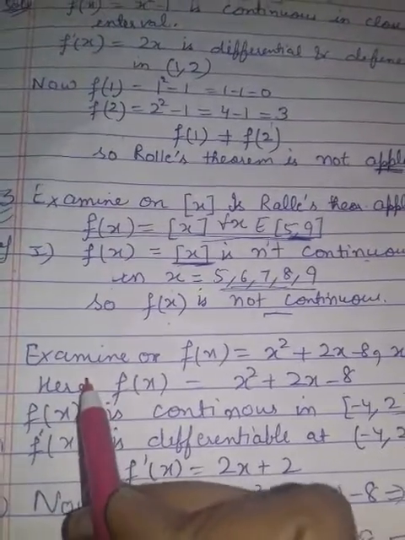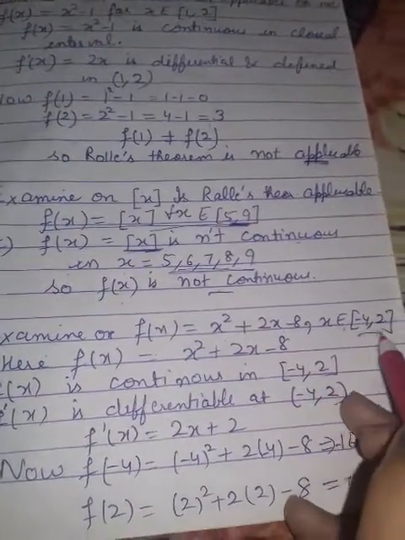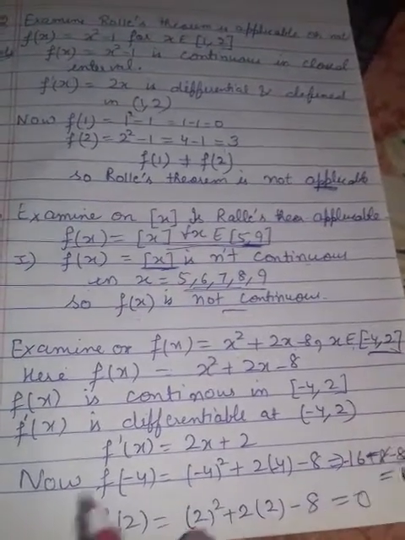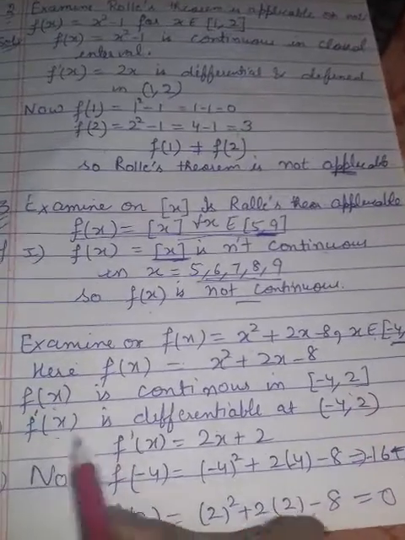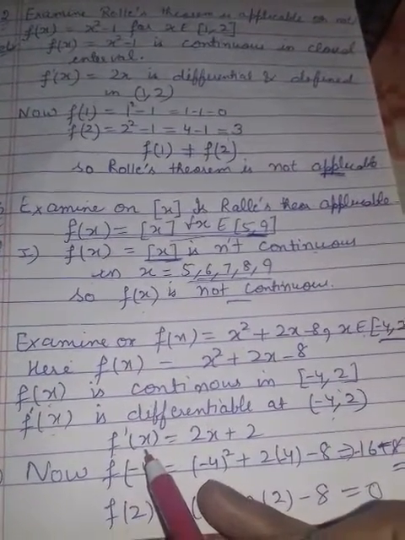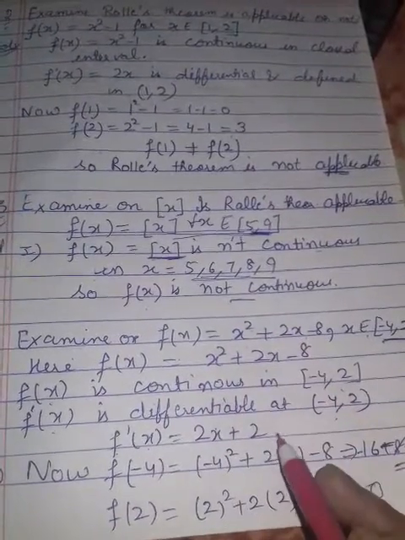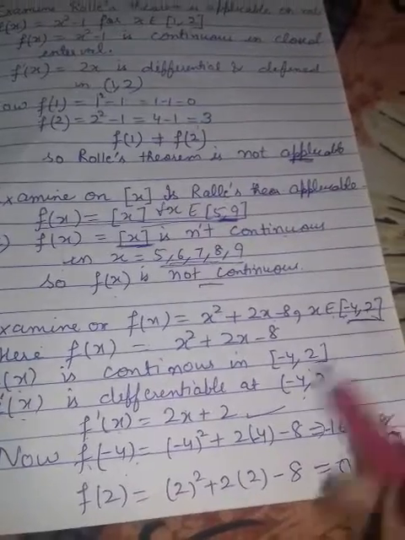Next one is: examine f of x is given and the interval is also given. Firstly, what will you do? You will see the function is continuous. Yeah, of course it is continuous. It is differentiable. Yes, it is differentiable. What is its derivative? 2x plus 2. Now you will see f of a, f of b.